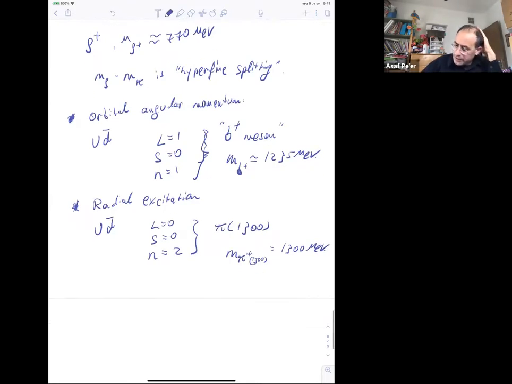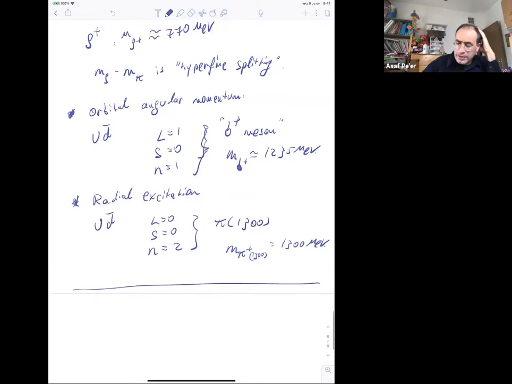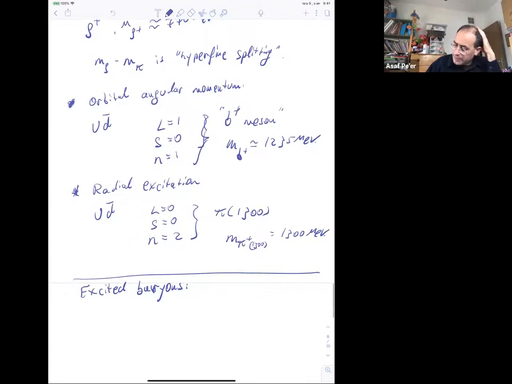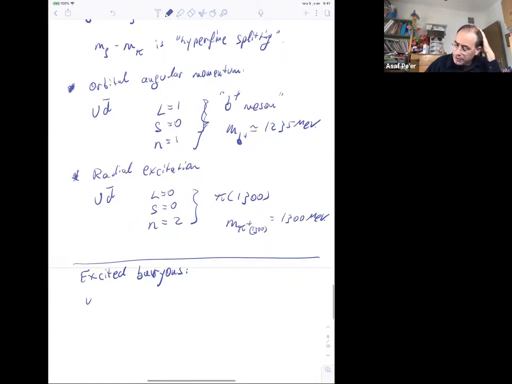Now, this is just for the mesons, but very similarly, we can speak of excited states of baryons. For example, the excited state of a uud, which has L equal to 0, spin equal to 3/2, and N equal to 1.